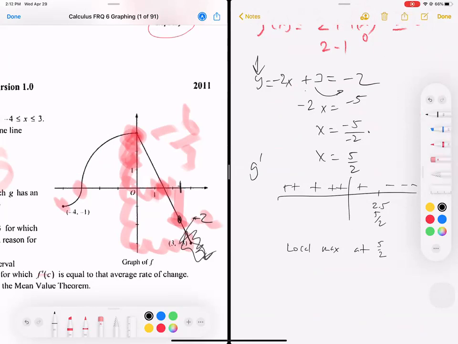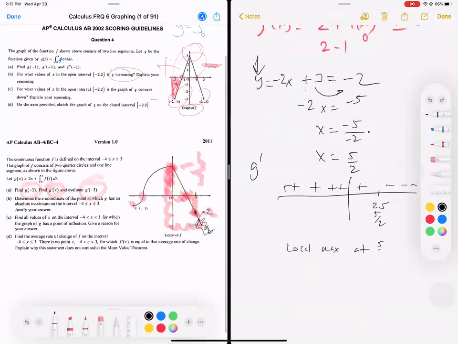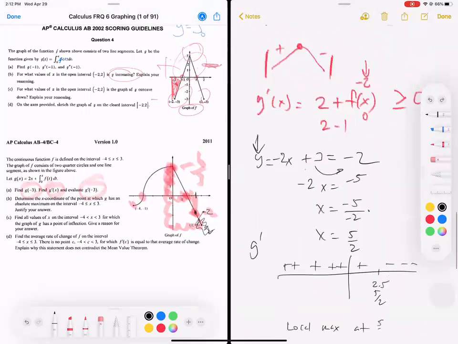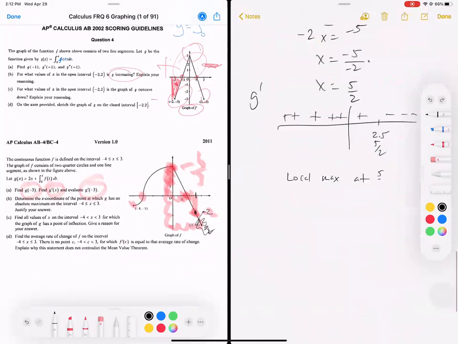Say g prime is greater than 4. Then, for me, I would go ahead and plug in the 5 over 2. I mean, it doesn't matter, but you have to check the endpoints, don't you? Yeah, check the endpoints, that's why.